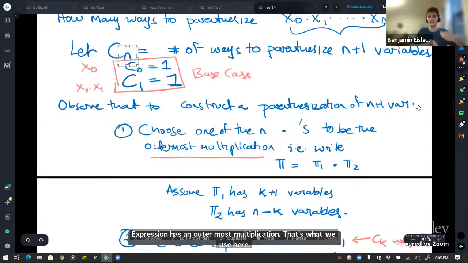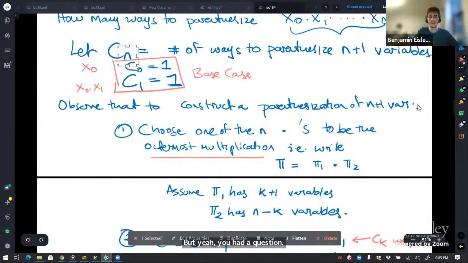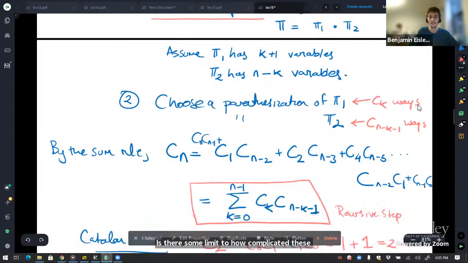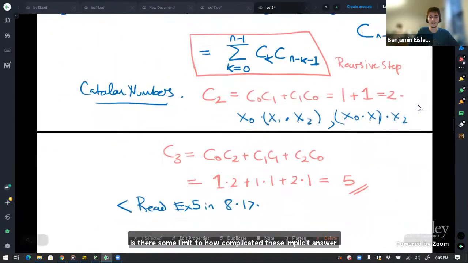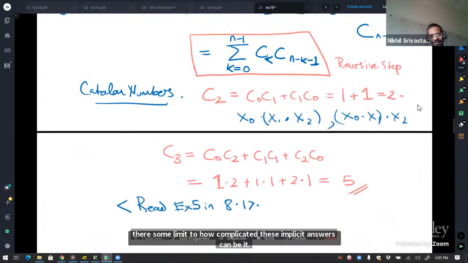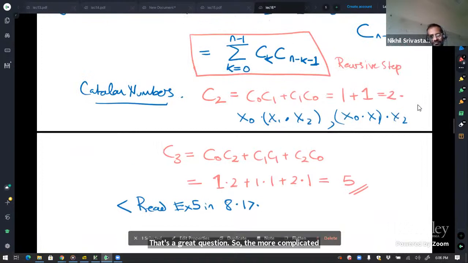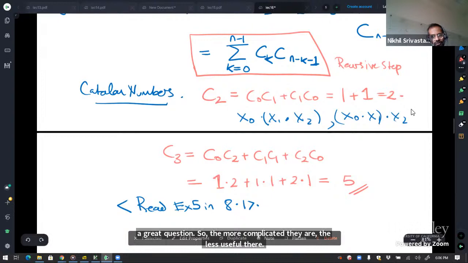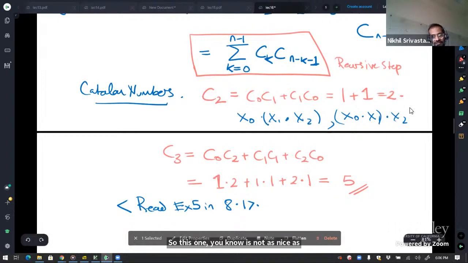Is there some limit to how complicated these implicit answers can be? That's a great question. So the more complicated they are, the less useful they are. So this one is not as nice as the previous one. As you saw, it's a little bit harder to compute.